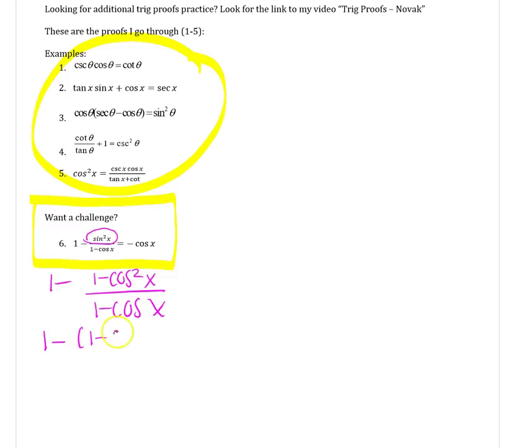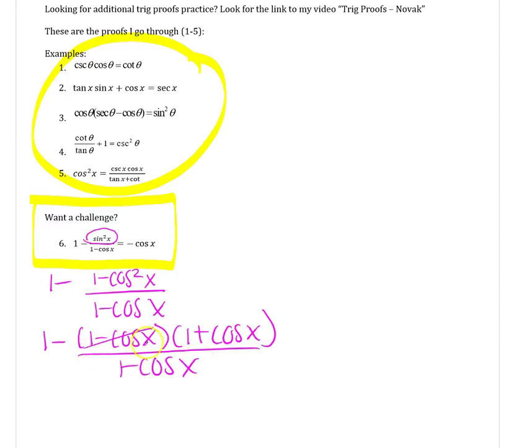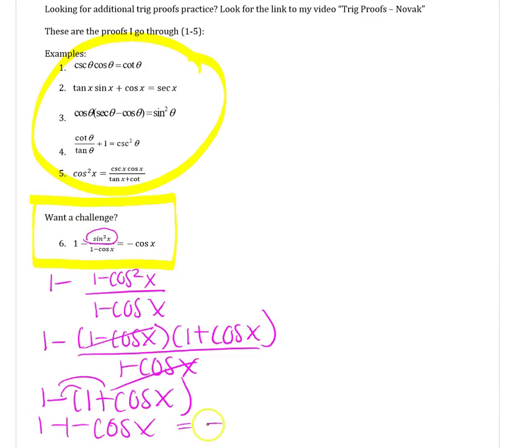I can actually factor that. The 1 minus cos of x terms cancel, so this leaves me with 1 minus 1 plus cos of x. Distribute the negative. 1 minus 1 is 0, and that gives me negative cos of x.